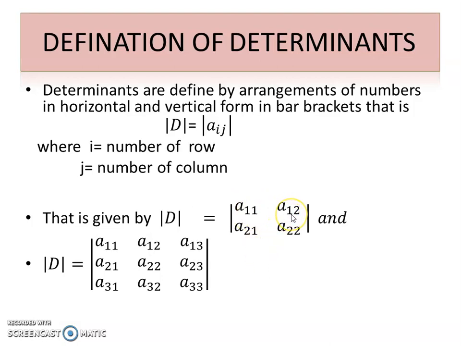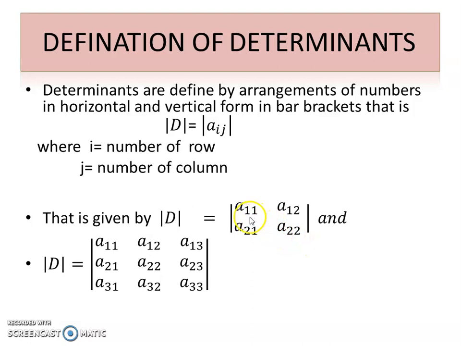A12 is first row and second column. A21 is second row first column, and last, A22 is second row second column.